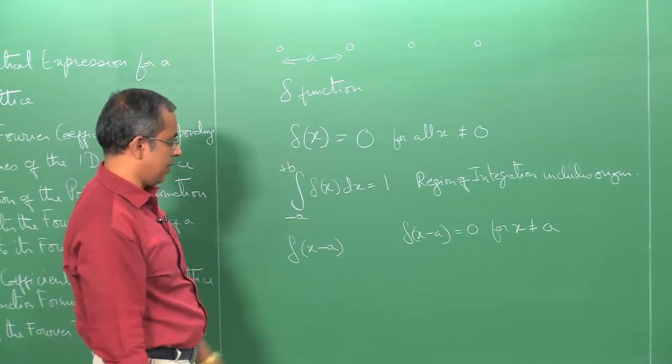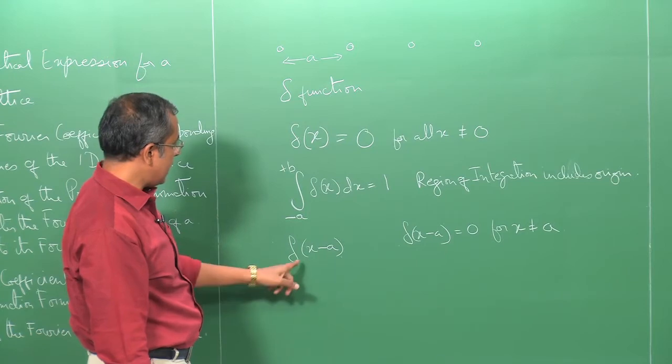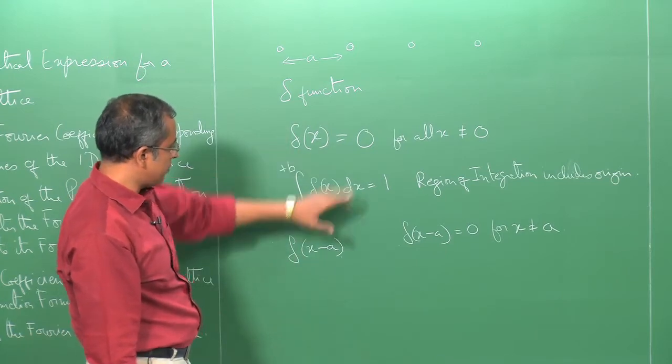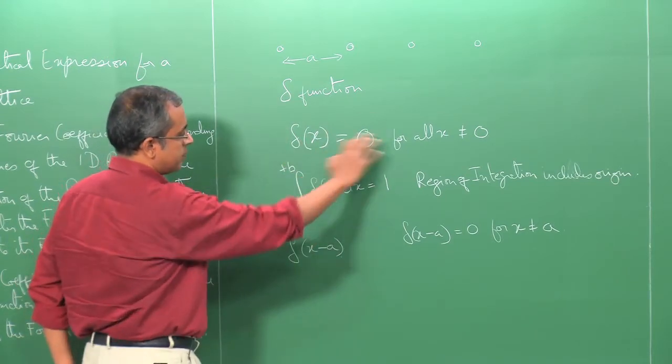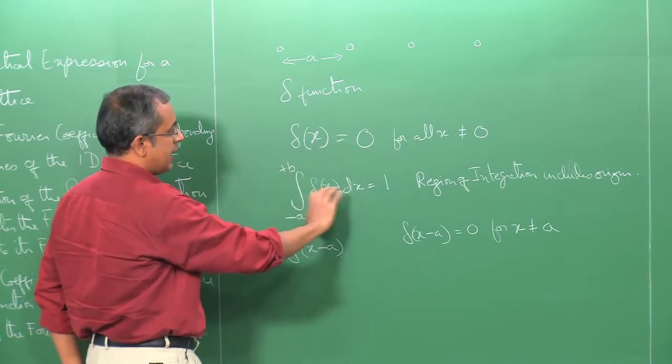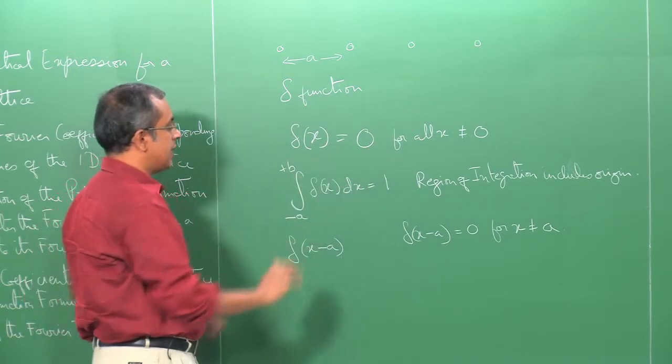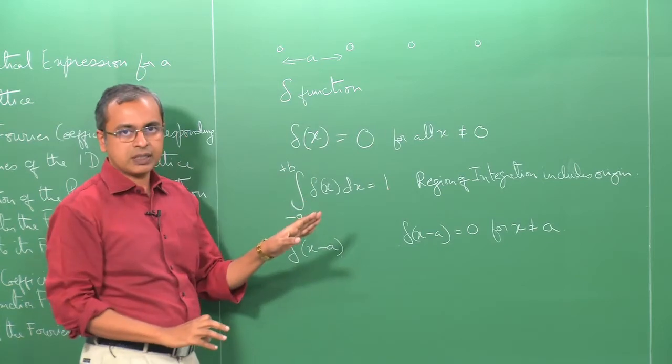So, this is one aspect of the delta function, and incidentally one of the features, because of the way it is defined, because it shows up as being 0 at all other locations and has a unique value, when you integrate it, it integrates to 1 as long as you go through the origin.